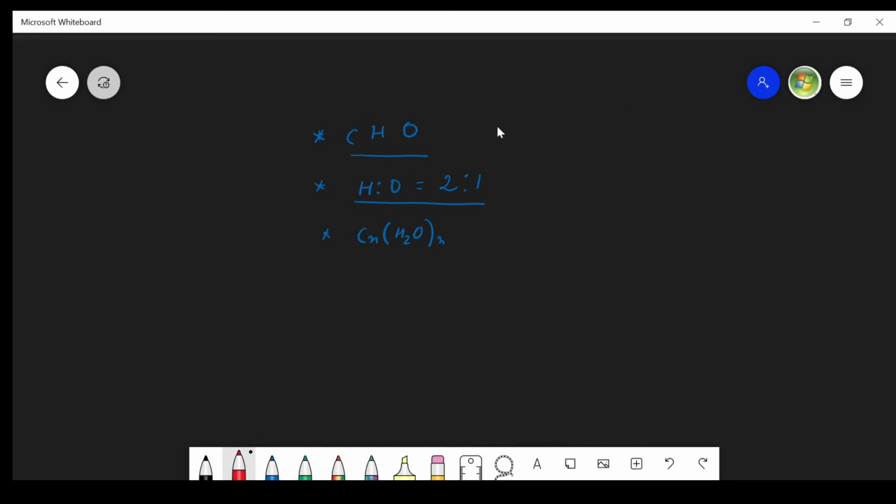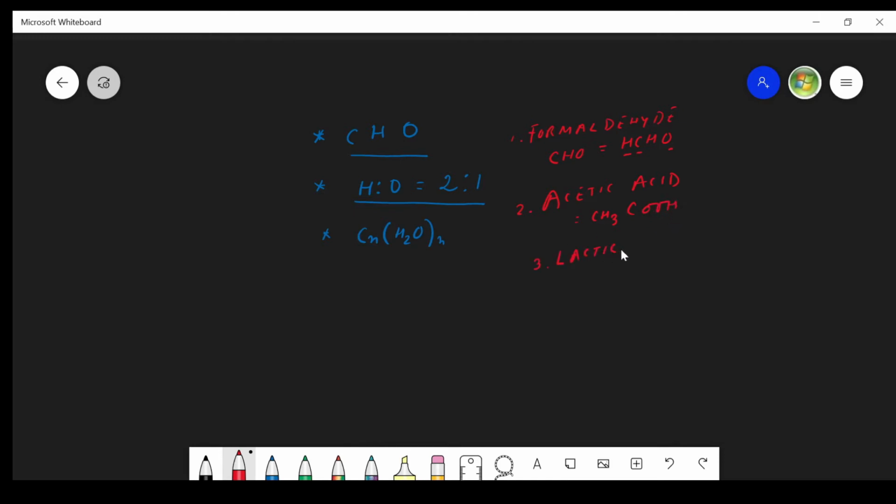Now there are certain exceptions. For example, formaldehyde is made up of carbon, hydrogen and oxygen. The formula is HCHO. So here we can see there is hydrogen, there is carbon, there is oxygen. Secondly, acetic acid, formula CH3COOH.